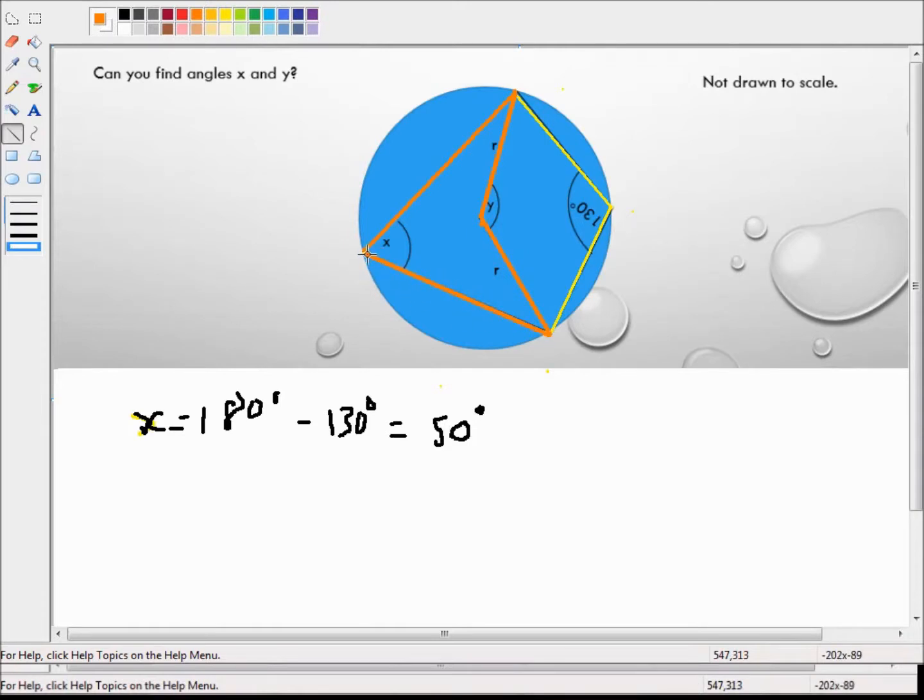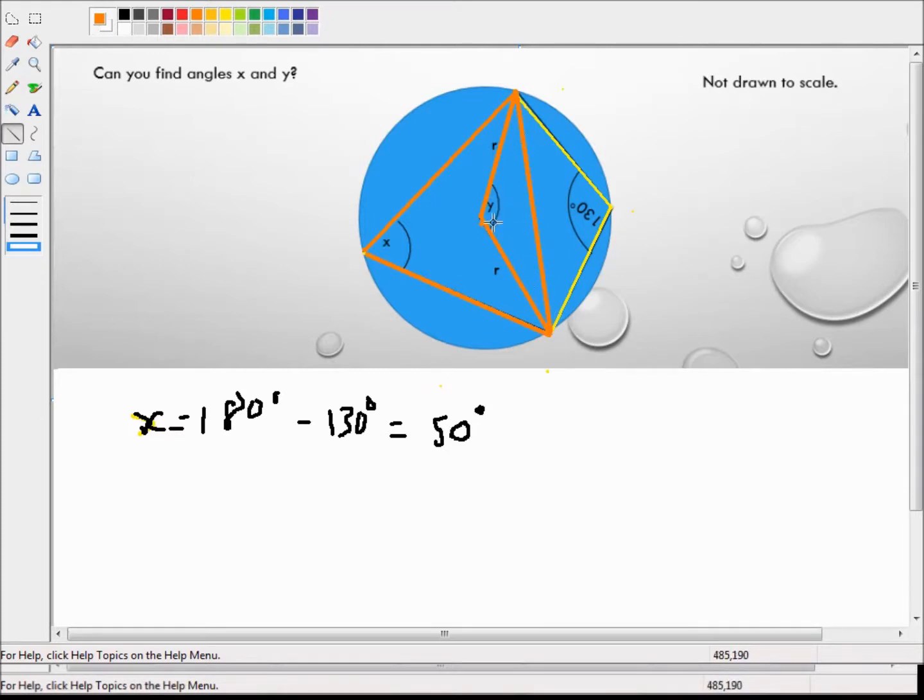So we'll look at this red shape. Because if we draw a line from here to here, then we can see that both angles x and y subtend that same red chord.